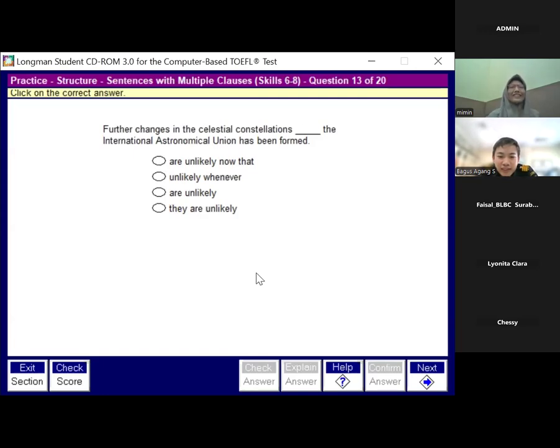Just read the whole sentence first. Further change in the celestial constellation, blah blah blah. The International Astronomical Union has been formed. All right. B, I think. Okay.